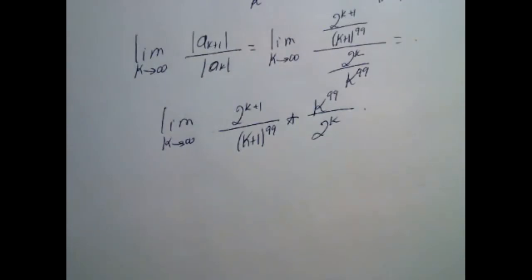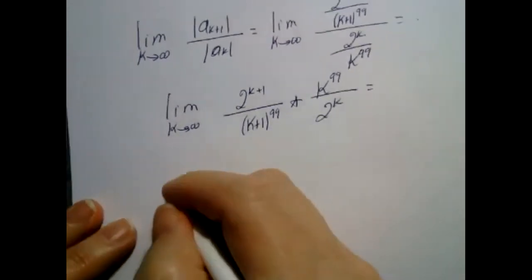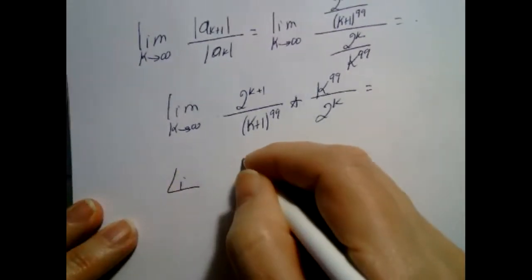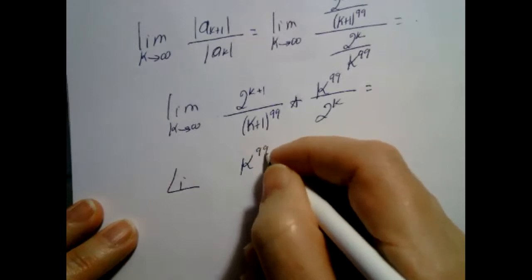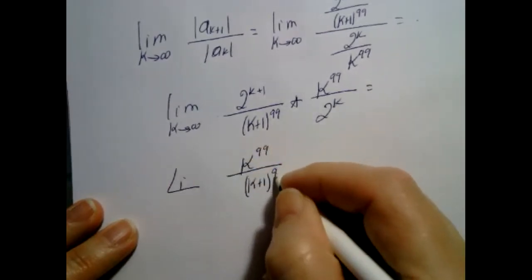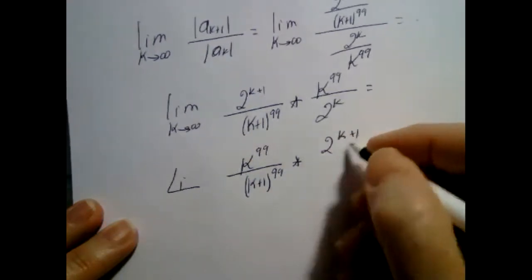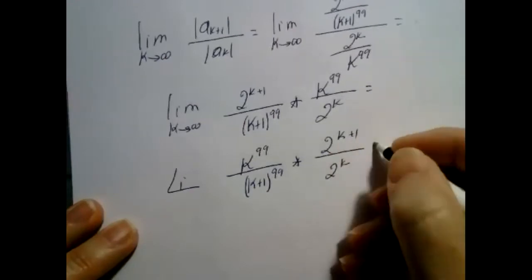Now I will do exactly what I did in the previous problem. We're going to put like terms together. So I will have k to the 99 over k plus 1 to the 99 times 2 to the k plus 1 over 2 to the k.